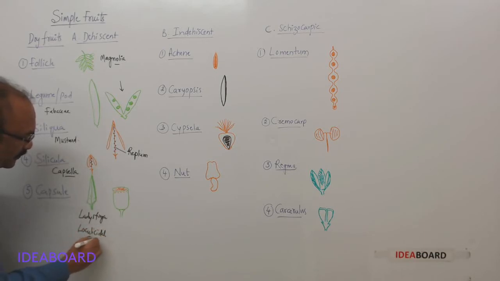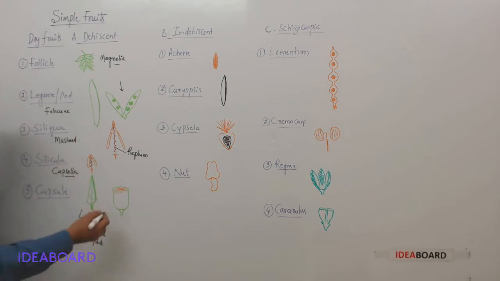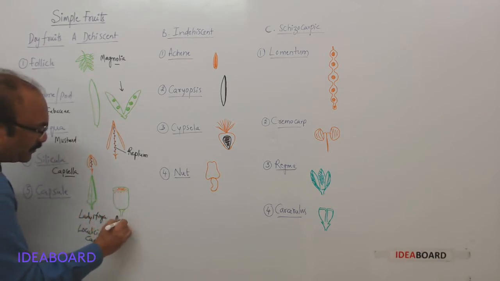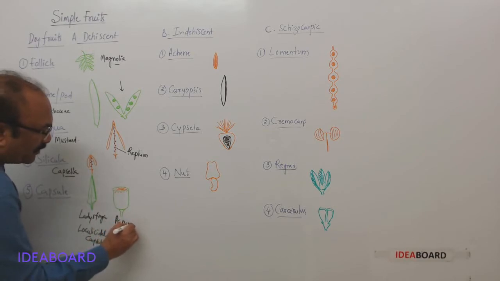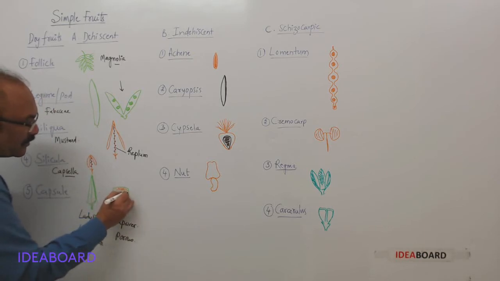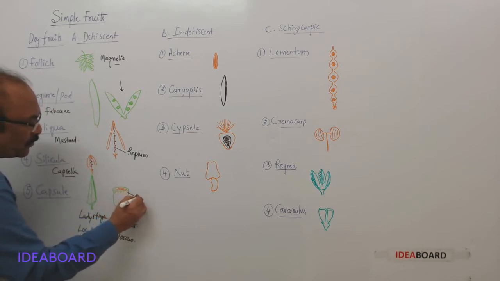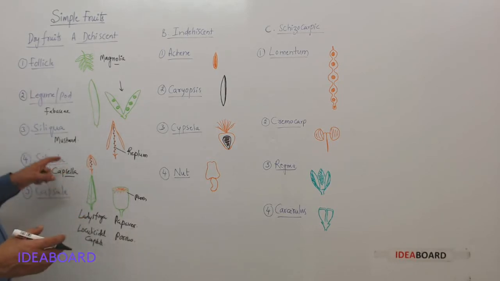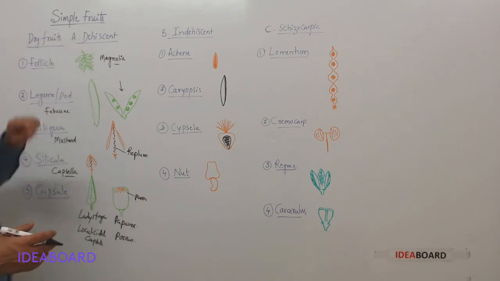Loculicidal capsule. And here I drew this one, that is Papaver. That is Papaver, and it is a porous capsule. So you can see here the pores are formed, and through these pores the seeds will come out or be dispersed. So that is what the dehiscent fruits are.